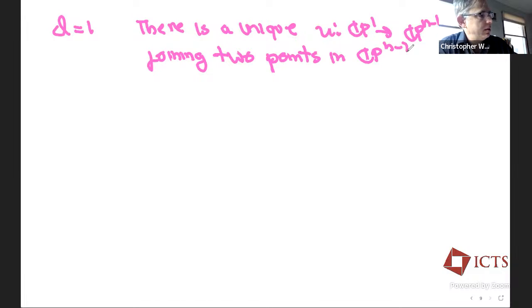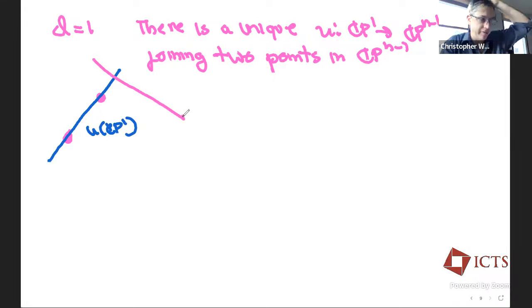If I have 2 points here, then there's a unique line going through them, and I can also say have a hyperplane here. So this could be a CPN minus 2, and it's going to intersect that hyperplane in a unique point as well.